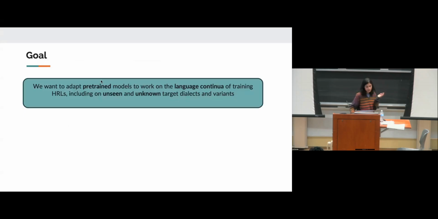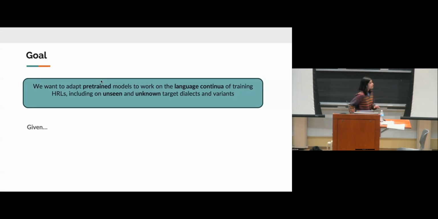Right. So now we want to use these ideas to adapt pre-trained models to work on language continua of training languages, including on unseen and unknown target dialects and variants. We might not know what kinds of dialectal inputs we get at inference, but we just want to make our model more dialectally robust.